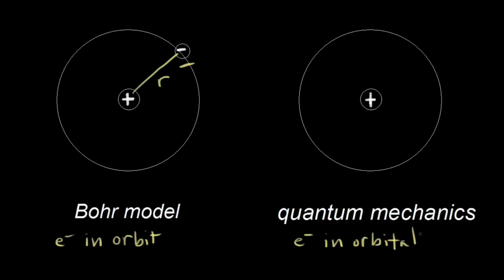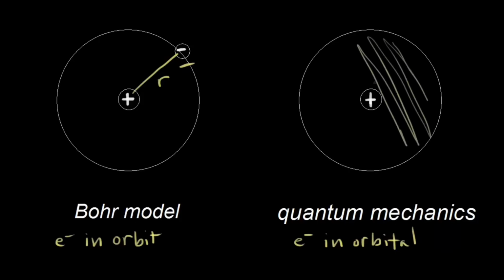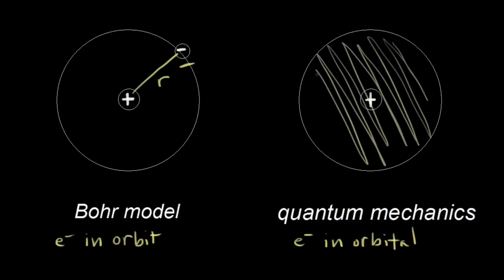So for hydrogen, imagine a sphere, a three-dimensional volume around the nucleus. And somewhere in that sphere, we're most likely to find the one electron of hydrogen. And so we have these two competing visions. The Bohr model is classical mechanics: the electron orbits the nucleus like the planets around the sun.